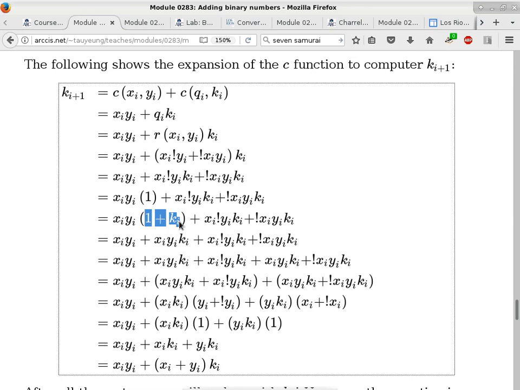What about the next step? What did I do in the next step here? Distribution, very good. So x1, xi, yi, and 1 become this one here, and then xi, yi, ki becomes this term. So I'm just doing distribution here.